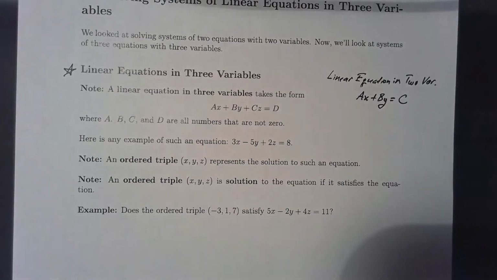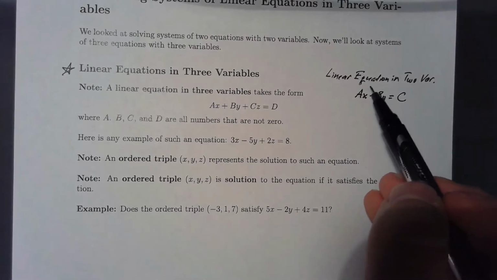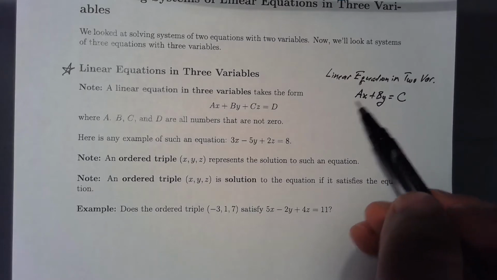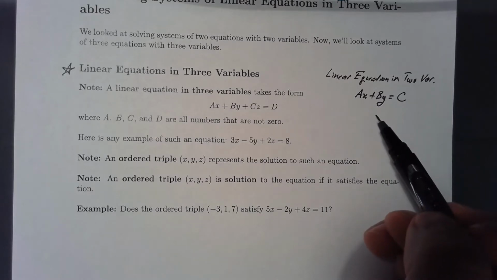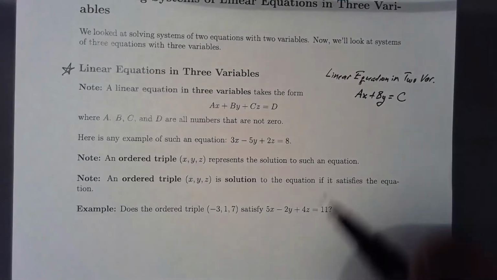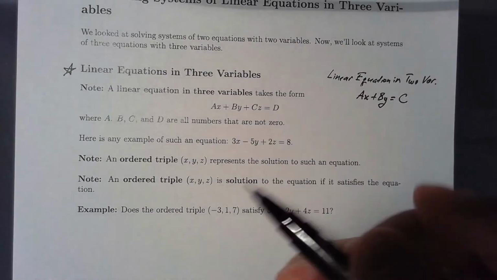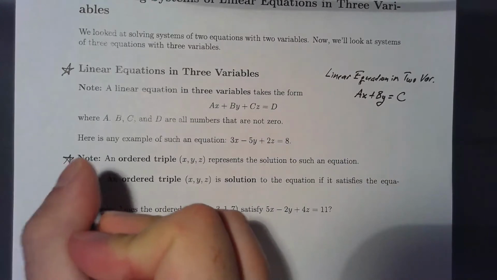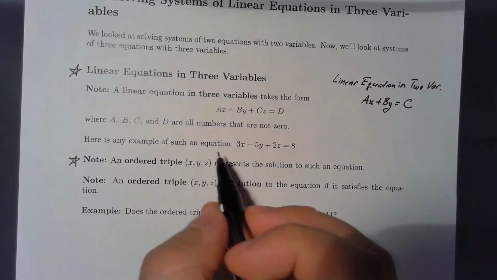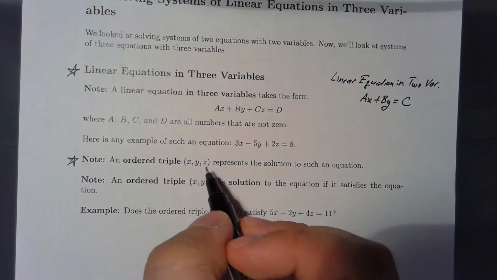When we had a system of equations in two variables, so two equations with two unknowns, the solution was an ordered pair, if you remember from when we did that in Chapter 3, a little while ago. But now that we're dealing with a system of equations in three variables, we're not going to have an ordered pair, we're going to have an ordered triple. An ordered triple is the triple x, y, z.